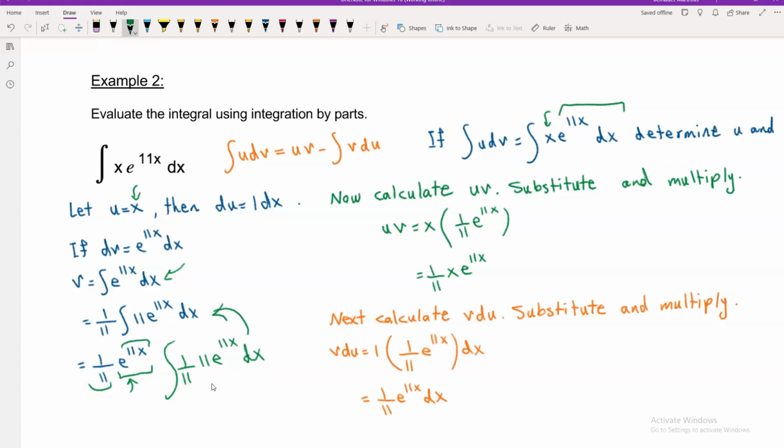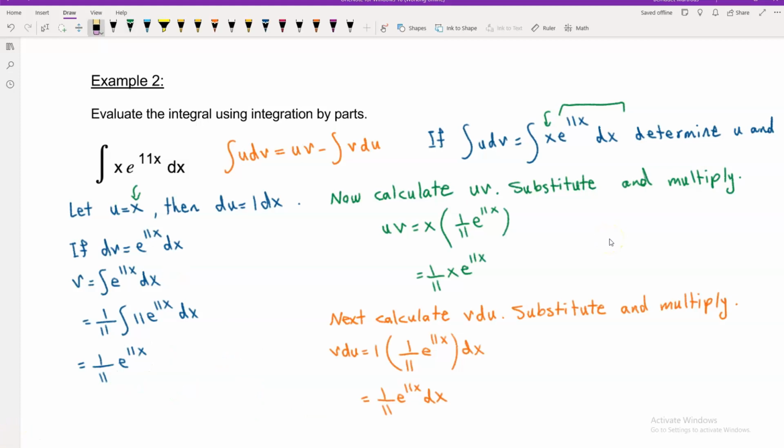Another example: if we have e to the x power, its derivative, based on the power x, is 1 times what is given, e to the x power, times dx.